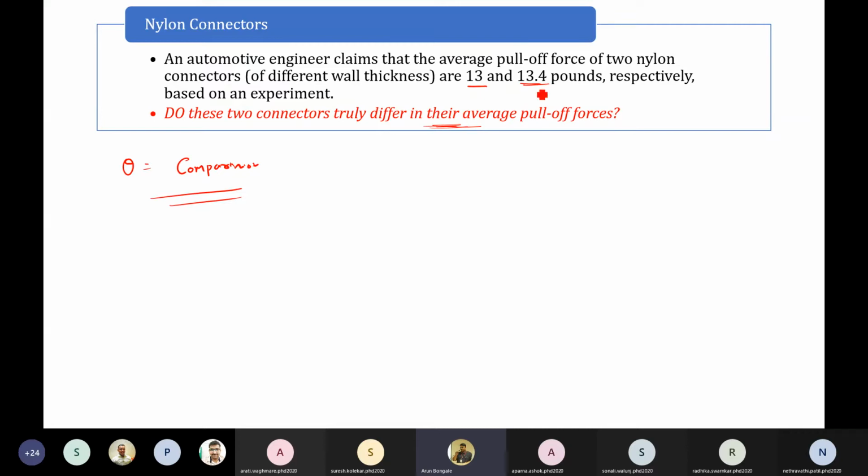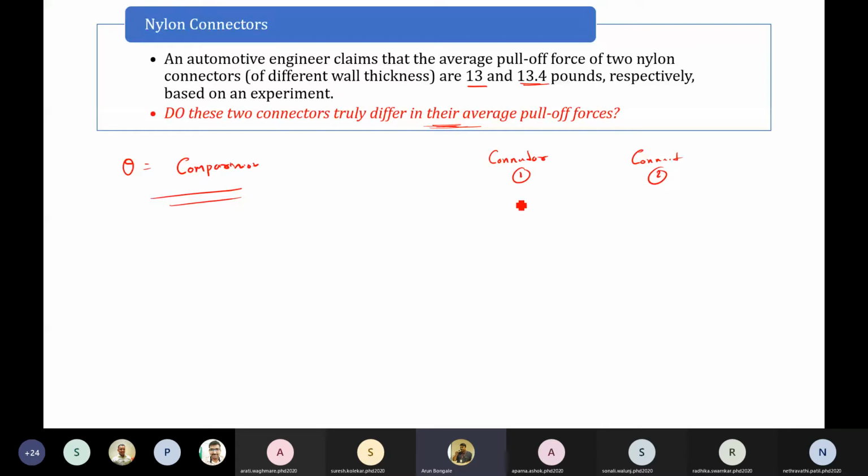Equal to 13 and 13.4 is not the interest, right? It is not a parameter that we are going to check. We are going to check whether it is equal or not. For example, if I have connector 1 and connector 2.